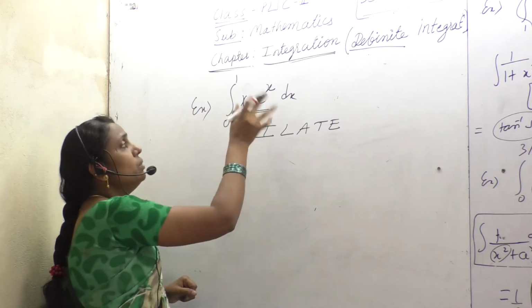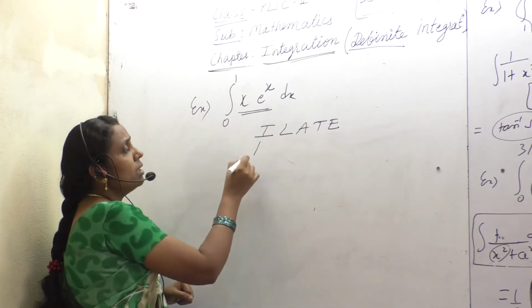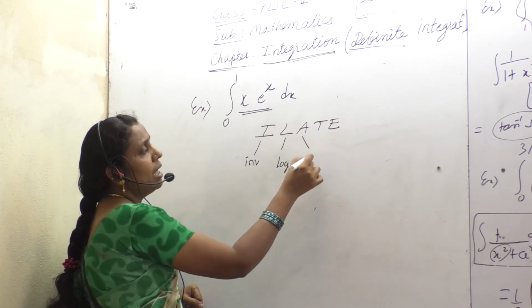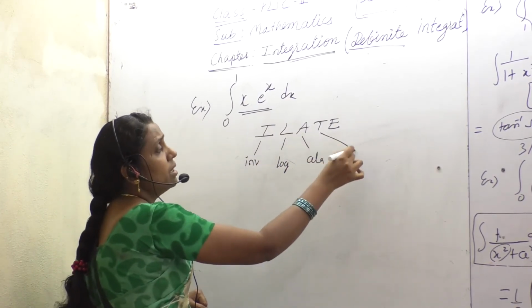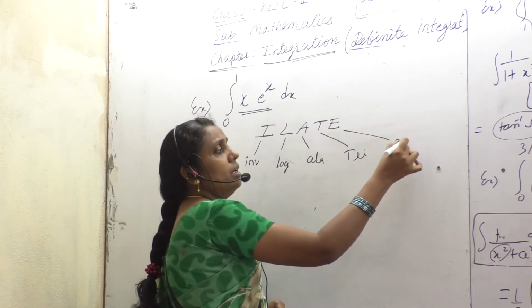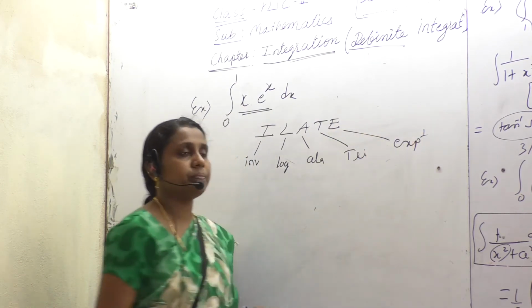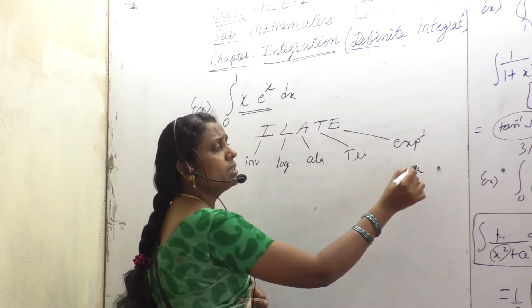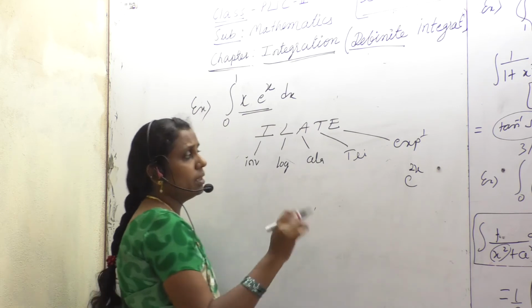Okay, x into e raised to x. I means inverse function. L means log function. A means algebraic function. T means trigonometric function. E means exponential function. Exponential function means e raised to x, e raised to minus x, e raised to 2x, like that.